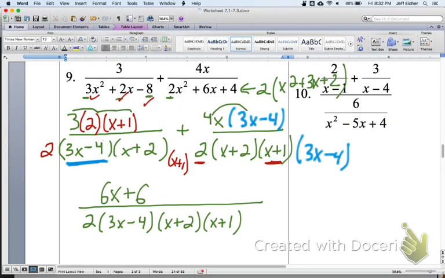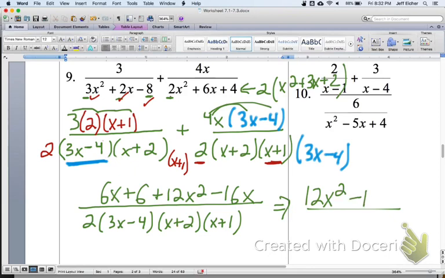And then a 4x times 3x is plus 12x squared, and then a 4x times 4 is negative 16x. Adding like terms in the numerator, we would have 12x squared minus 12x plus 6 all over that common denominator.